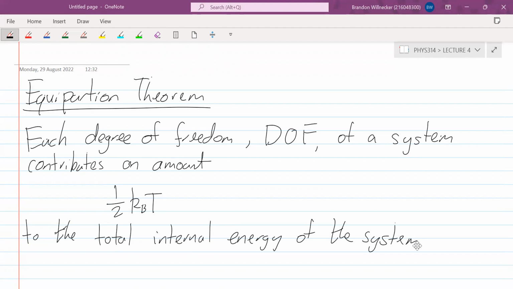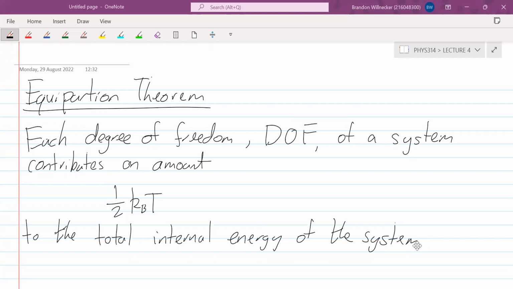Okay, so if you have one particle moving in 2 dimensions, then since it's moving in 2 dimensions unconstrained, it will have 2 degrees of freedom, and so 2 contributions of this factor. If you have a single particle moving in 3 dimensions unconstrained, then there are 3 degrees of freedom, and so 3 contributions of this factor.